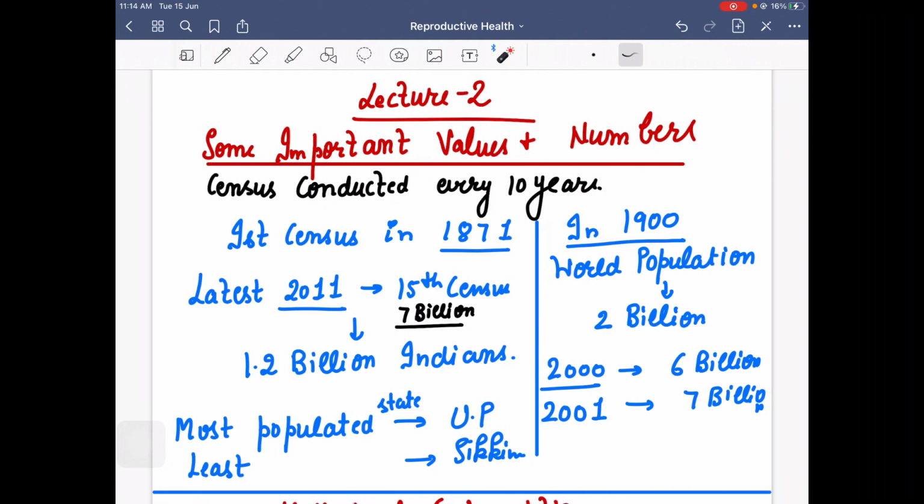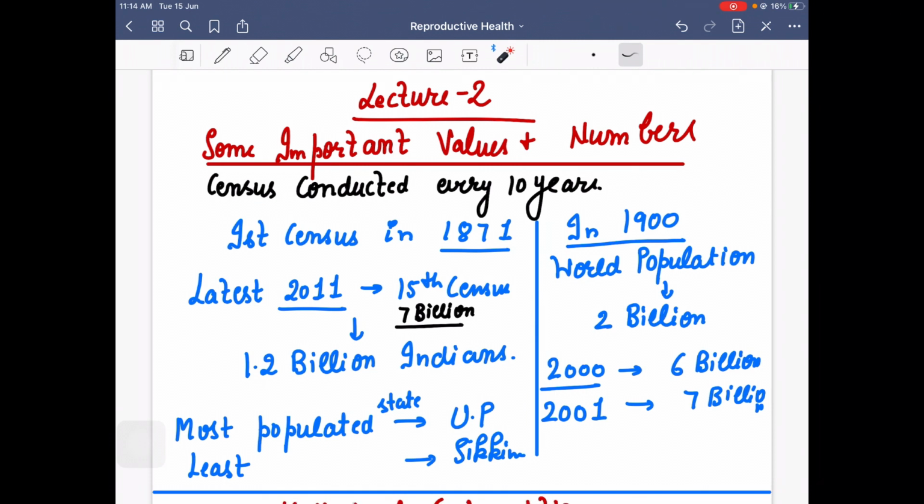In 1900 the world population was 2 billion, in 2000 it was 6 billion, and in 2001 it was 7 billion. In 2011 also, the population observed according to the 15th census was 7 billion. So don't get confused with the years 2001 and 2011. Approximately, the population that came out after the census was in the billions.